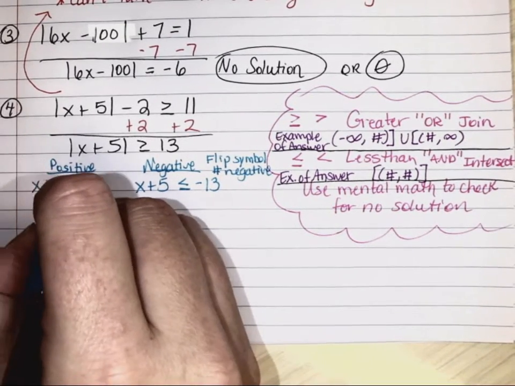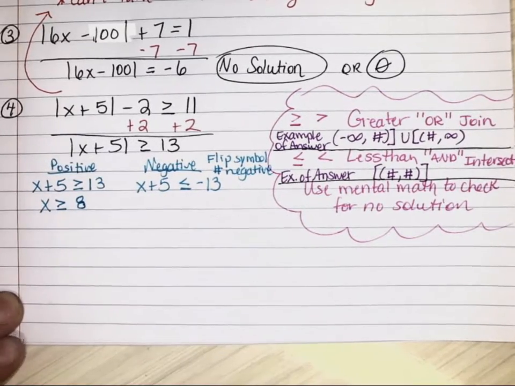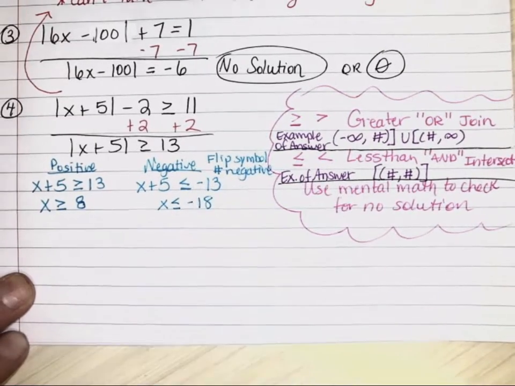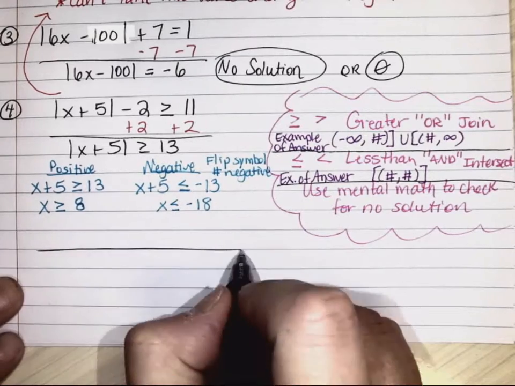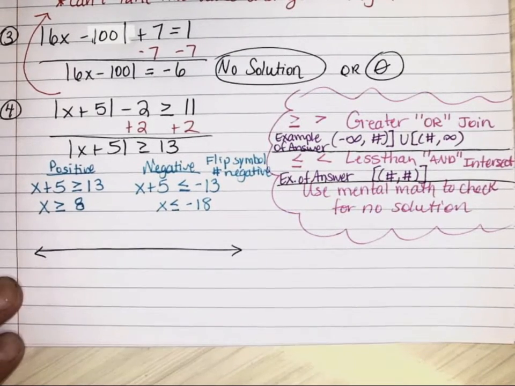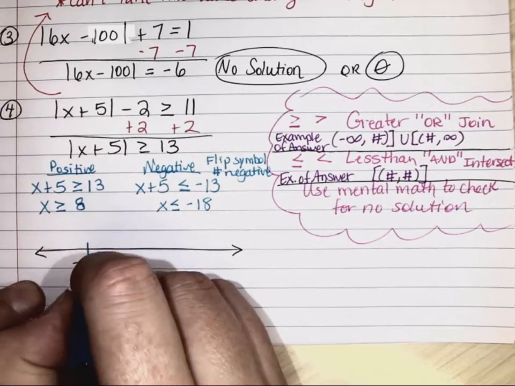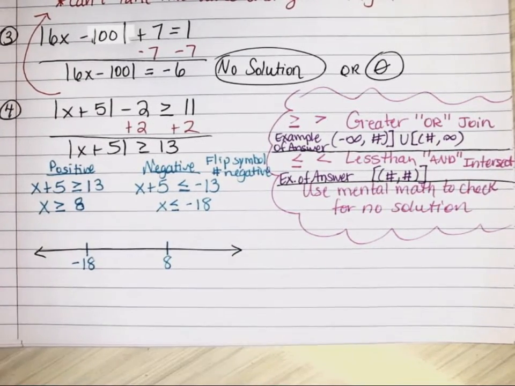So I'm going to subtract 5 and that'll give me 8. And I'm going to subtract 5 and that'll give me negative 18. And how you know what your solution looks like, you just plot both of those on a number line. And we know, of course, negative 18 occurs to the left of 8 on the number line.